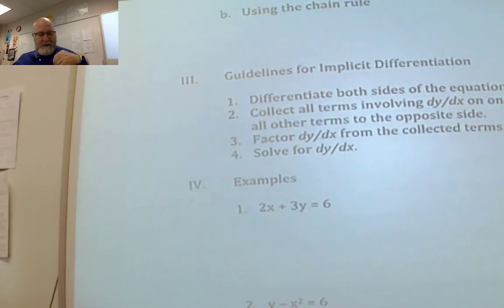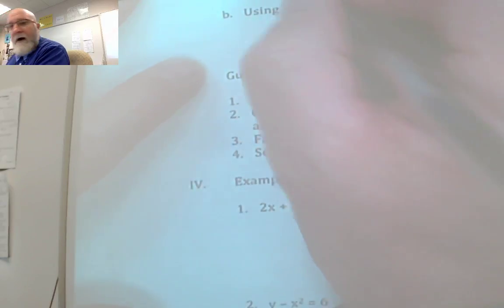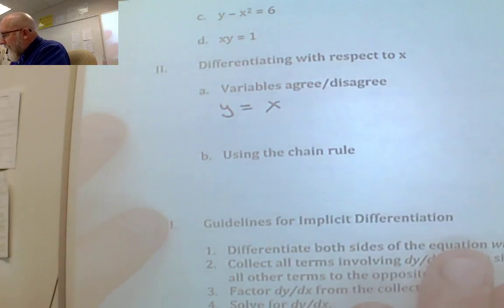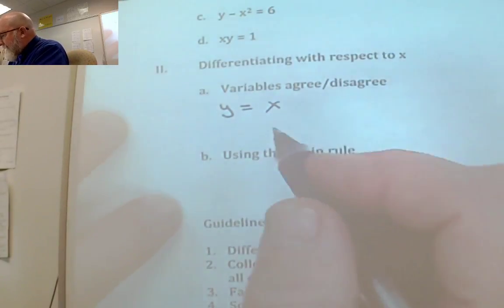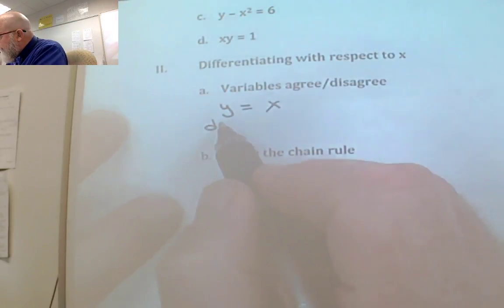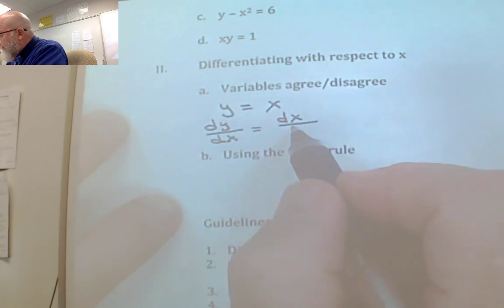And I'm going to start out with some really, really easy ones and tell you what I mean by that. First of all, I'm going to start out with a simple one. And I'm going to have y equals x. When I take the derivative, I really can write this dy dx is equal to dx over dx.